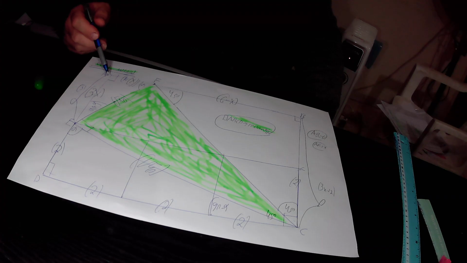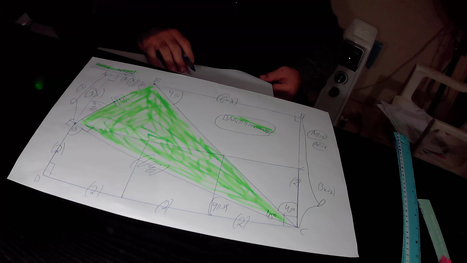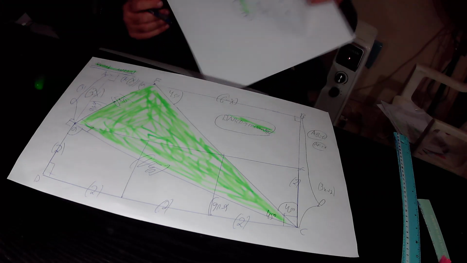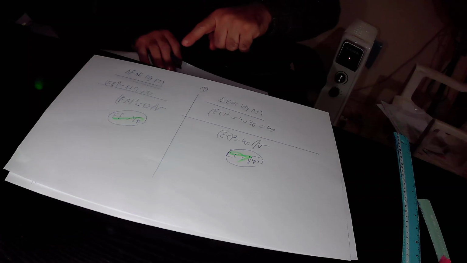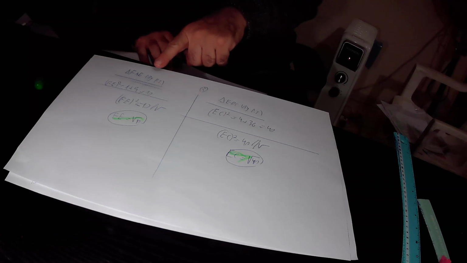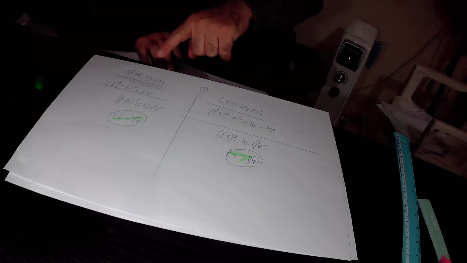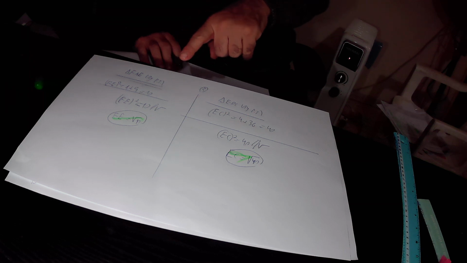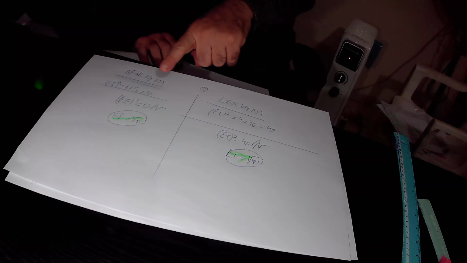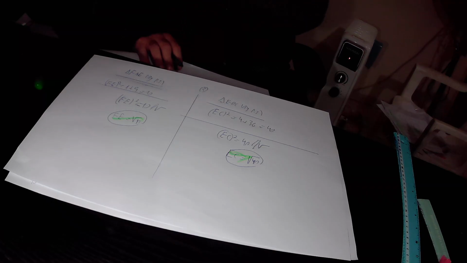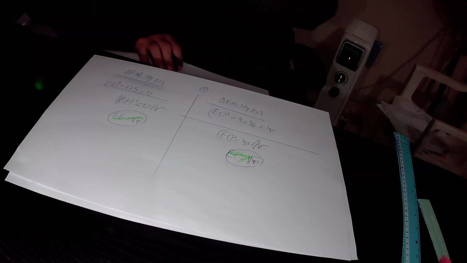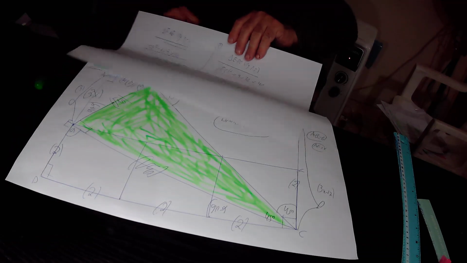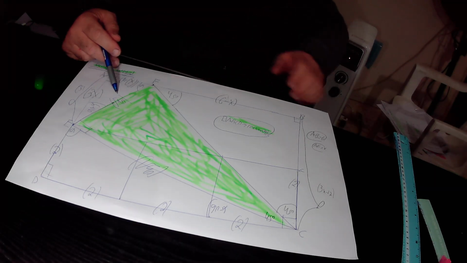So FE squared equals 1 plus 9, that is 10. So we find that FE equals the square root of 10 units in its length.